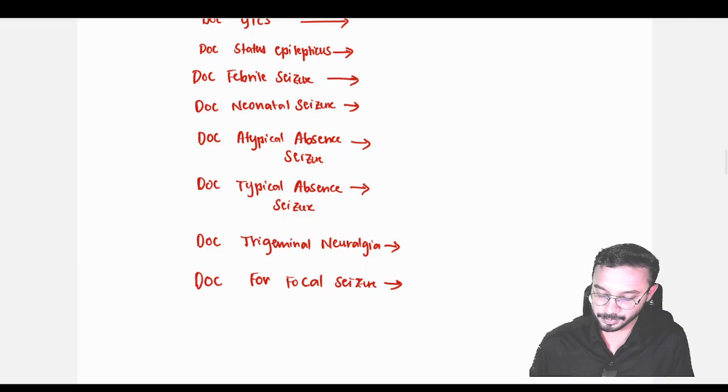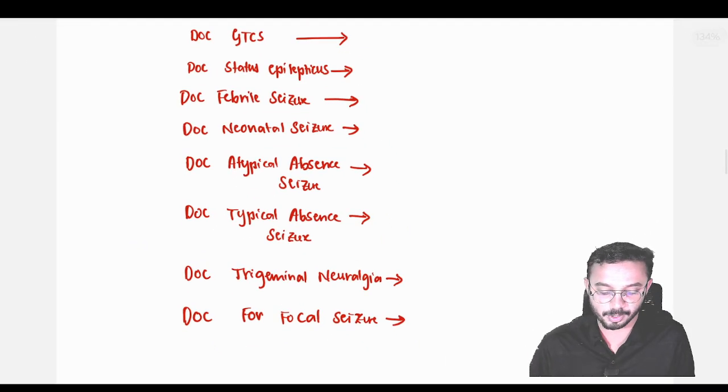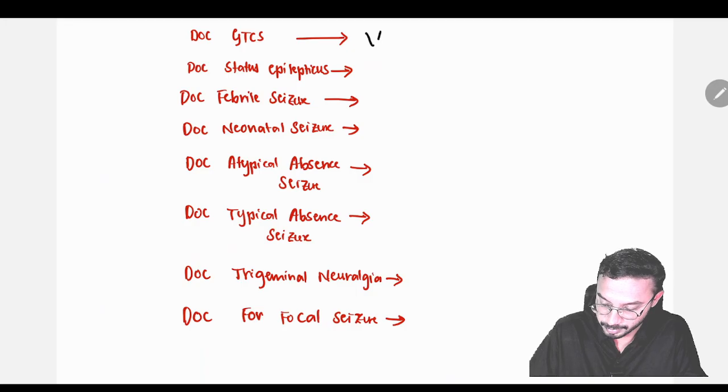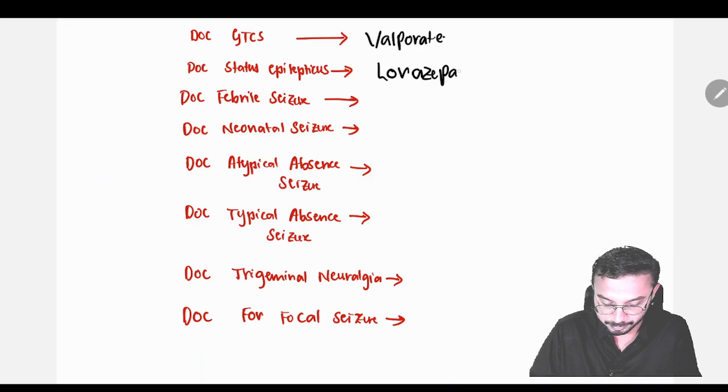I have written all the drugs of choice in this one slide. Very very important. If they ask drug of choice for GTCS, valproate. Drug of choice for status epilepticus, lorazepam. Drug of choice for febrile seizures, diazepam.